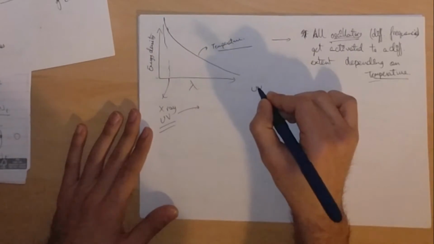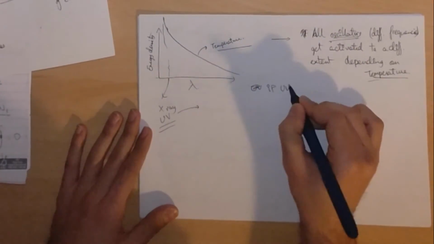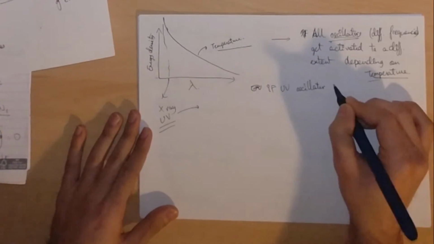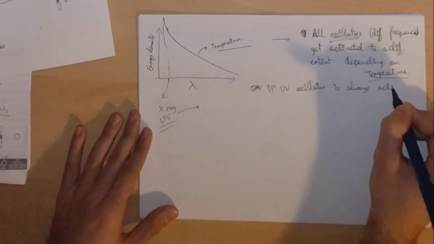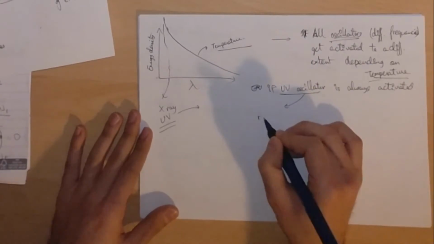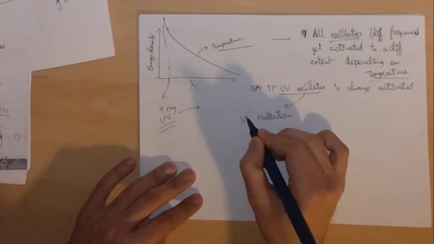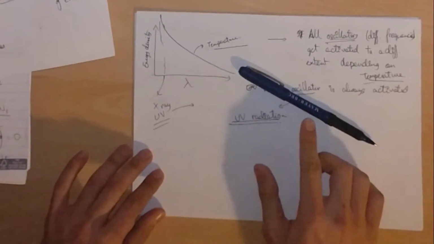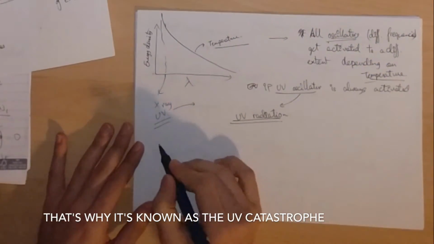So if a UV oscillator is always activated, as he said, an oscillator corresponds to radiation of that type. You're always going to see radiation. That means this pen is going to emit UV radiation at all temperatures, which is kind of ridiculous.